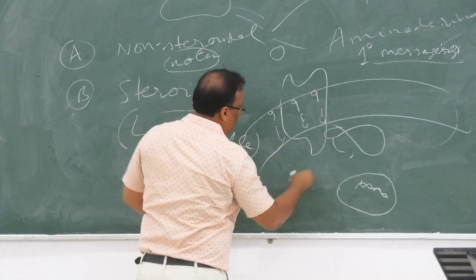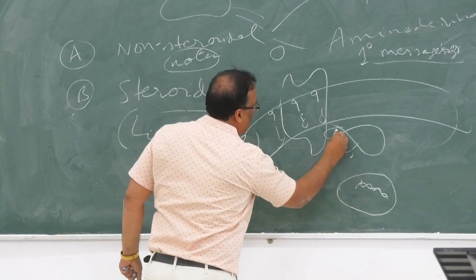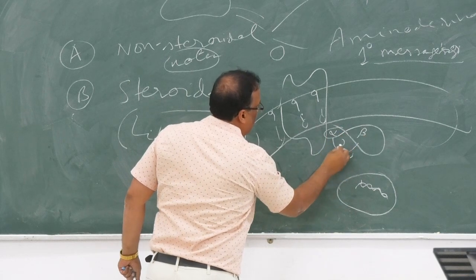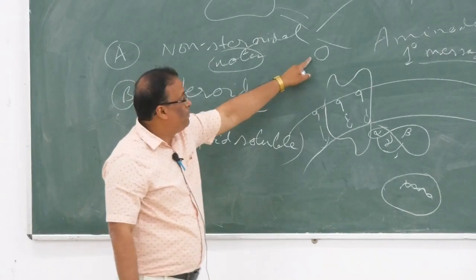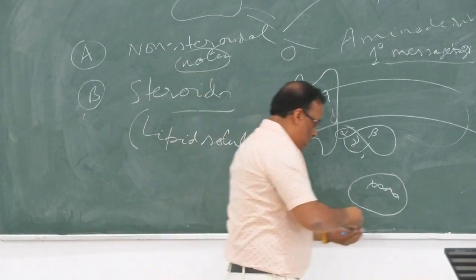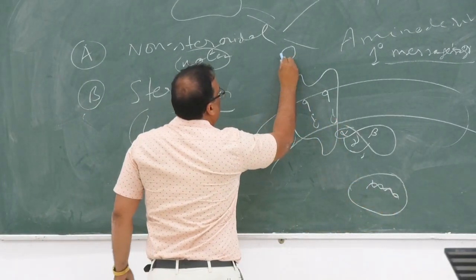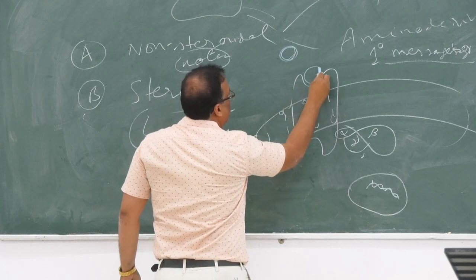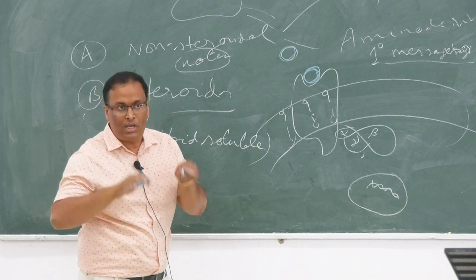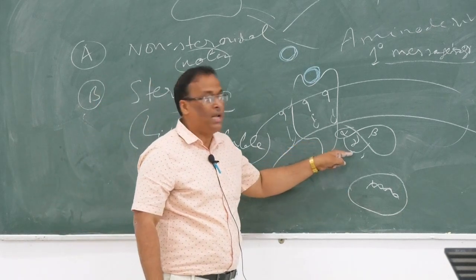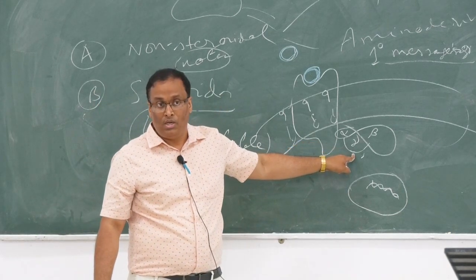This G protein has alpha, beta, gamma subunits. Whenever these hormones or any chemical messenger or first messenger bind to this, some conformational change occurs between this receptor and the G protein.